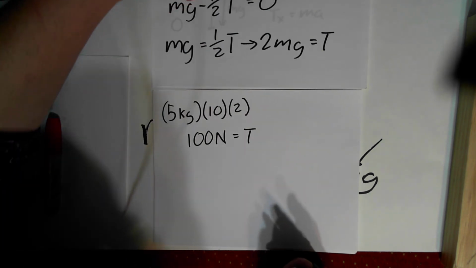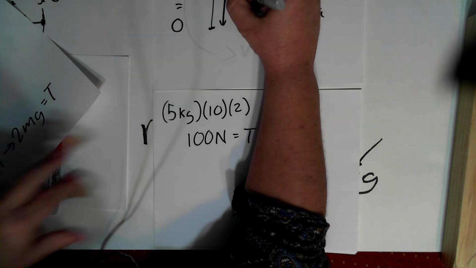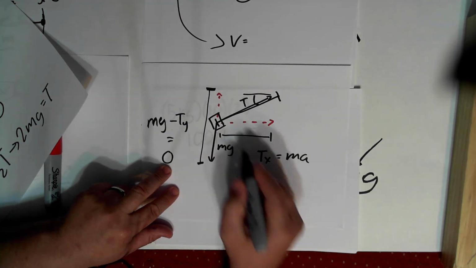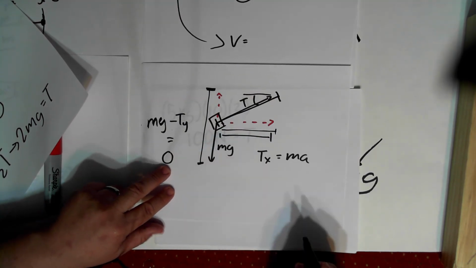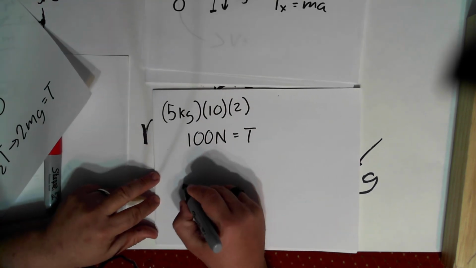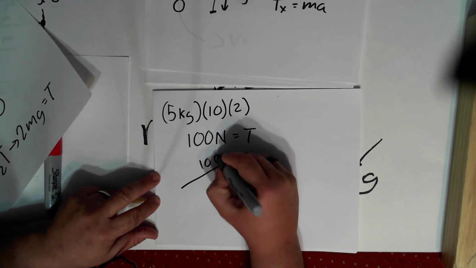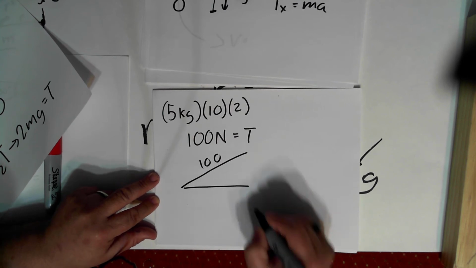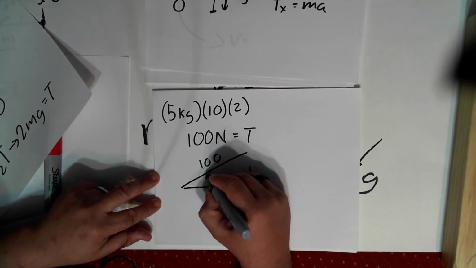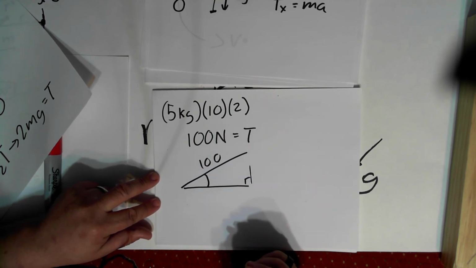So that means this component of the tension right here is equal to 100. What I need now is this component. I know that this is 90 degrees, so I am looking at an adjacent, and I also know that this is 30 degrees.